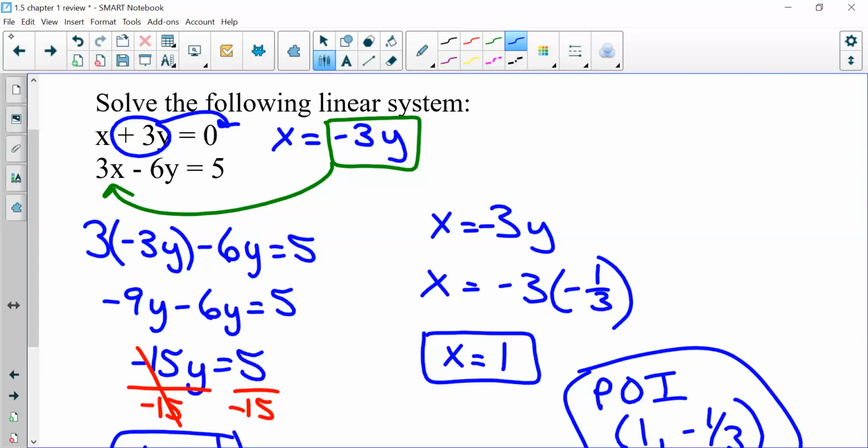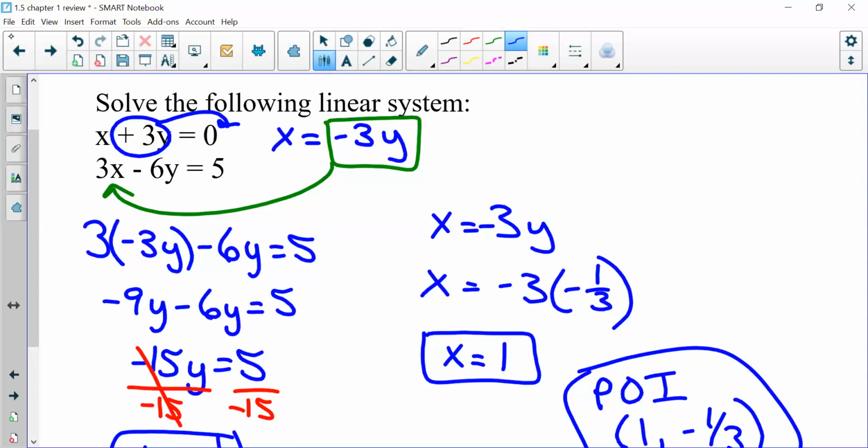The bottom, so it's 3 times 1. So 3 times 1 minus 6y equals 5. So 3 times 1 is 3, minus 6y equals 5. Now bring the 3 over. So then it's 5 minus 3, which is 2. And negative 6 divided by negative 6, and 2 divided by negative 6. So negative 1/3, which is what we got over there, right?